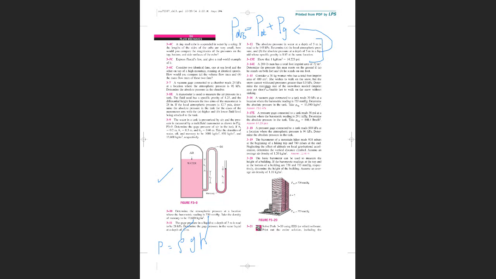The gauge pressure in this case is equal to rho g h. You are given the absolute pressure, and the absolute pressure is equal to the atmospheric pressure plus the gauge pressure. You have everything. Is this problem clear, guys?